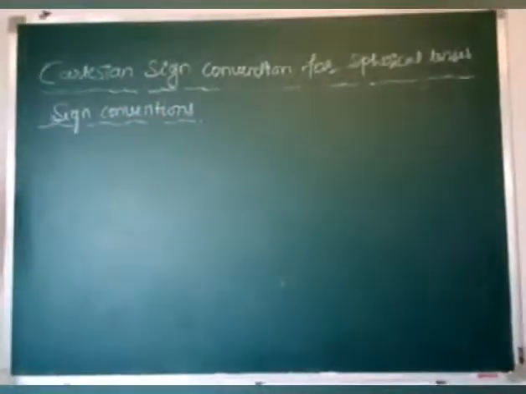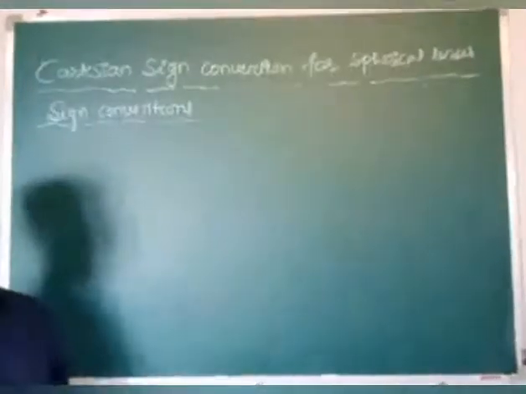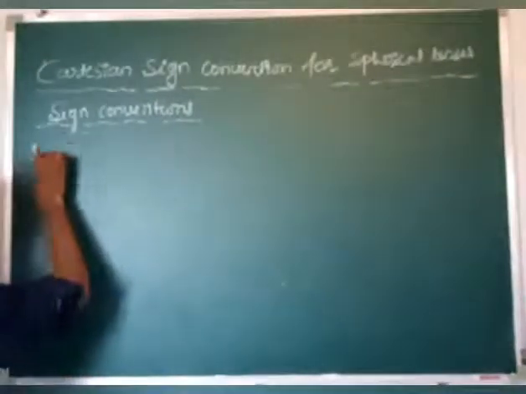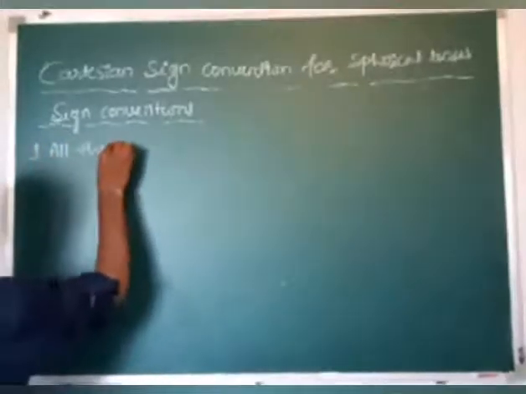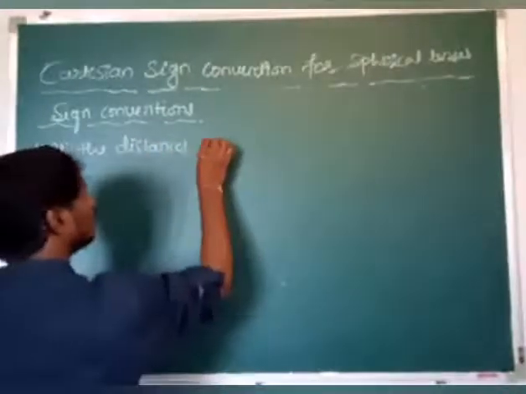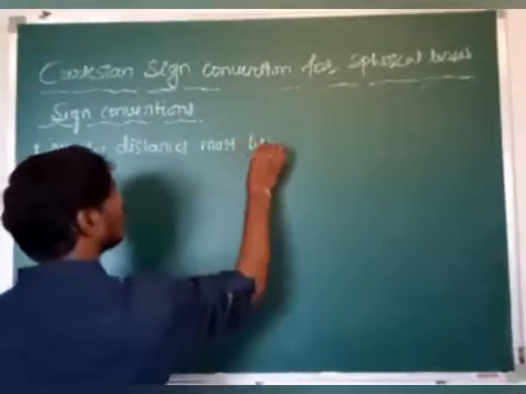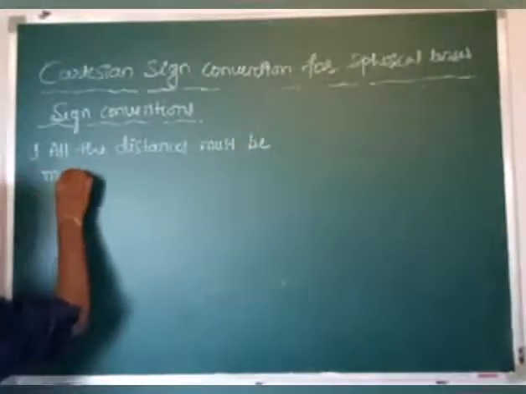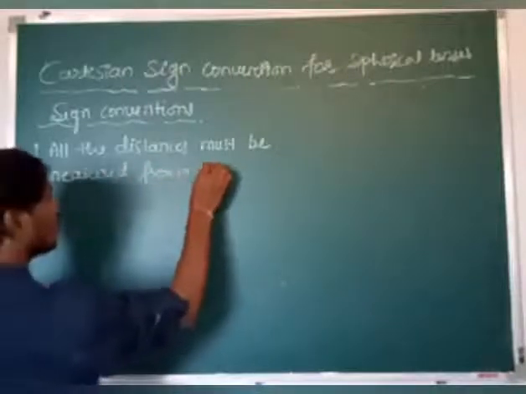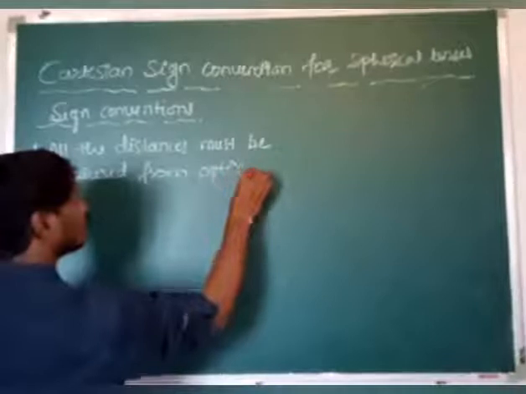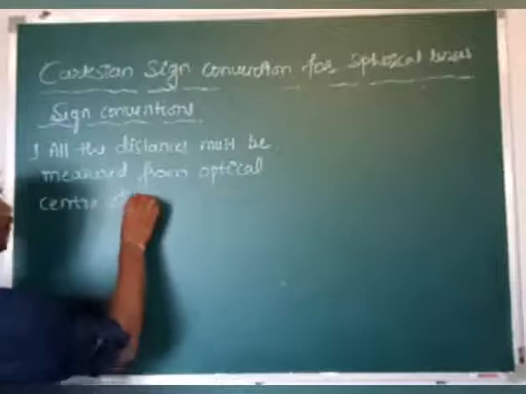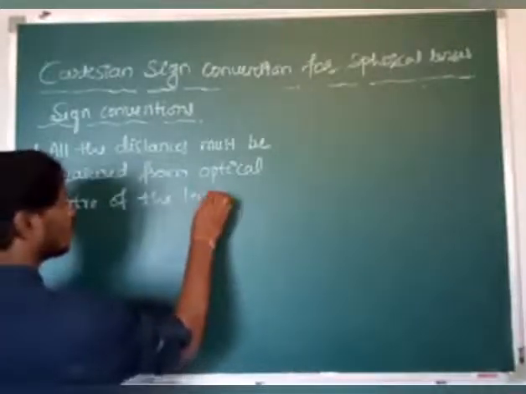First sign convention: all the distances must be measured from the optical center of the lens.